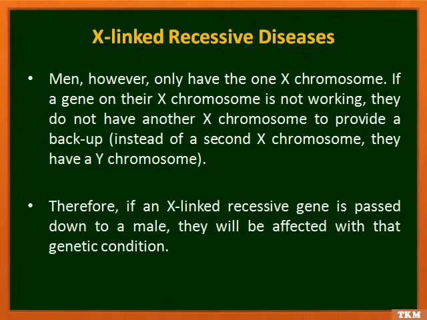So if a gene on the X chromosome is faulty, not working properly, they do not have another X chromosome to provide a backup. Because instead of a second X chromosome, what do they have? They have a Y chromosome. Therefore, if an X-linked recessive gene is passed on to a male, they will be affected with that genetic condition.